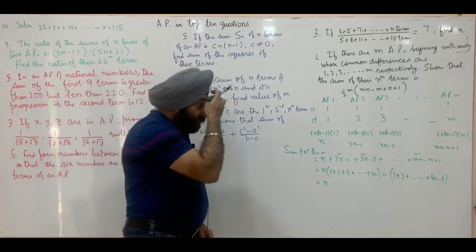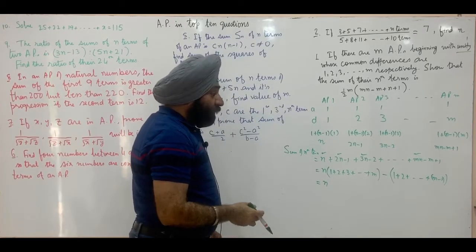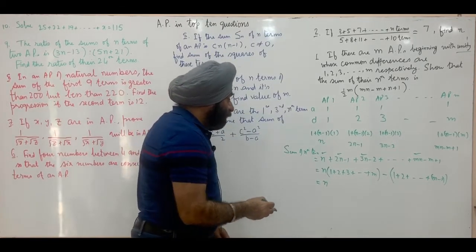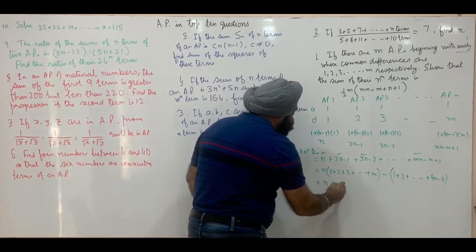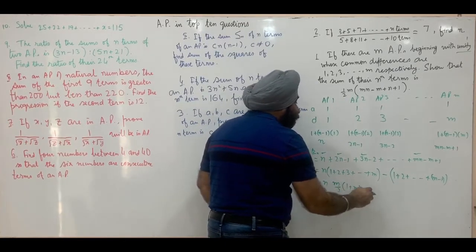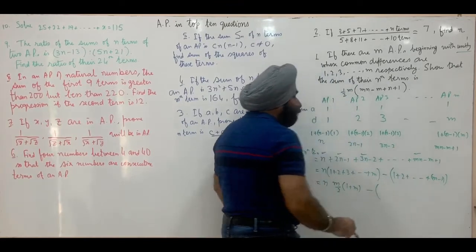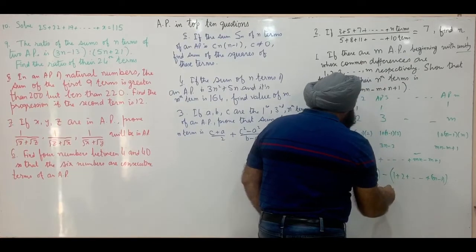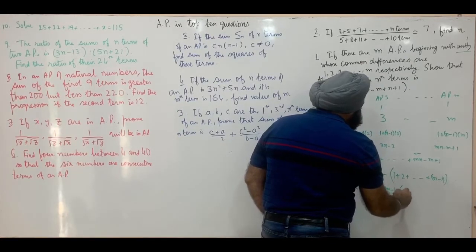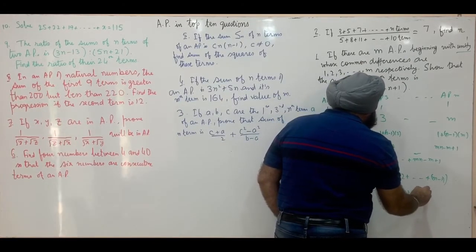This is the sum of first m natural numbers, or you can say these are m terms in AP, so m by 2 into first term plus last term. And 1 plus 2 plus 3 up to m minus 1, these are m minus 1 terms, so m minus 1 by 2 into first term plus last term.